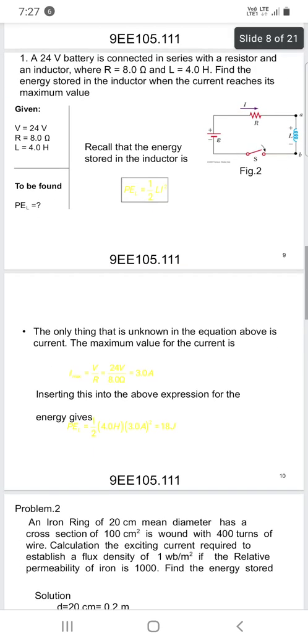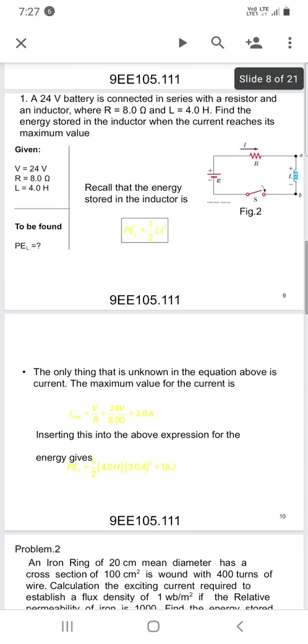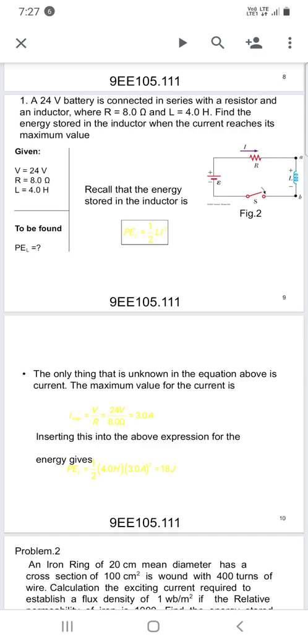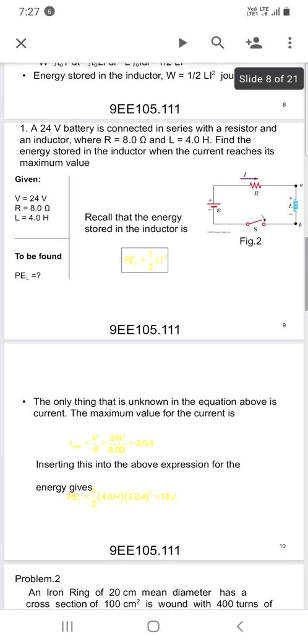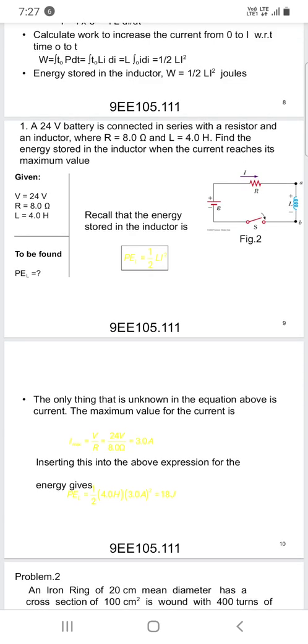So some problem given here. First problem we have to observe this one. A 24 volt battery is connected in series with a resistor and inductor, so we have to observe the circuit.